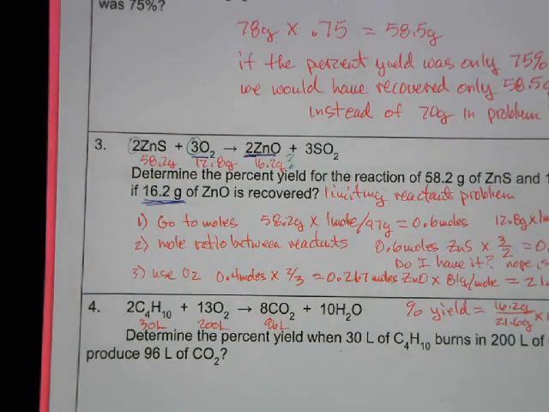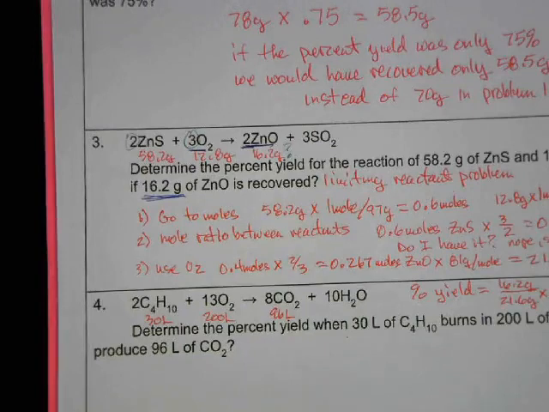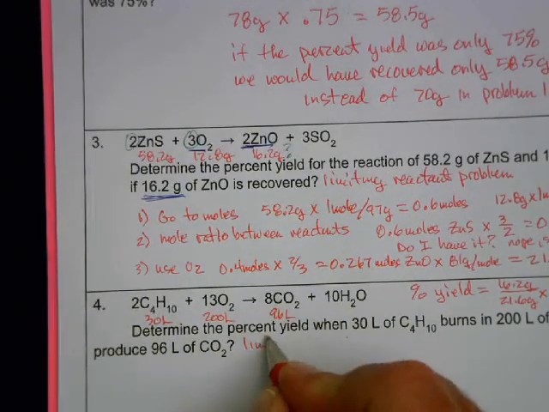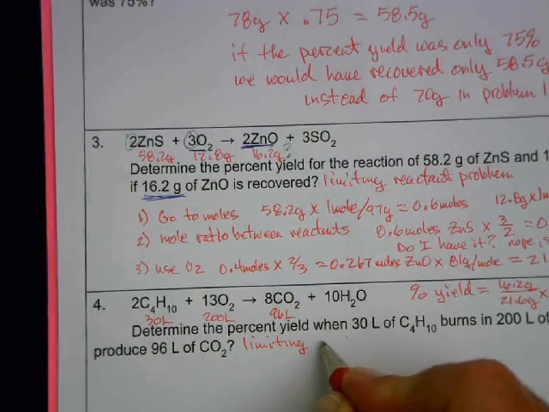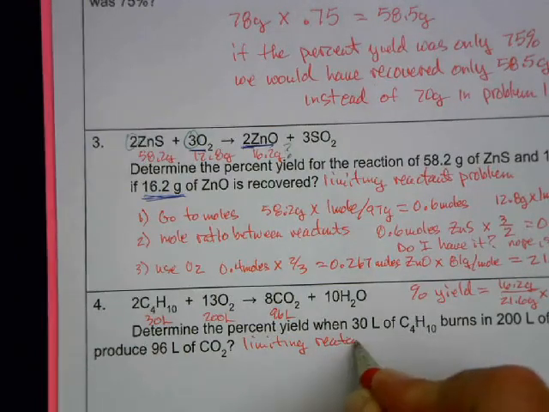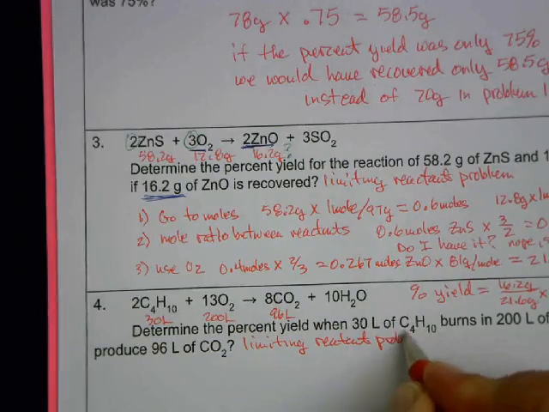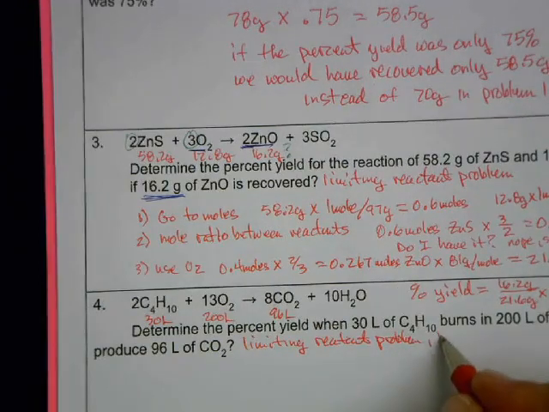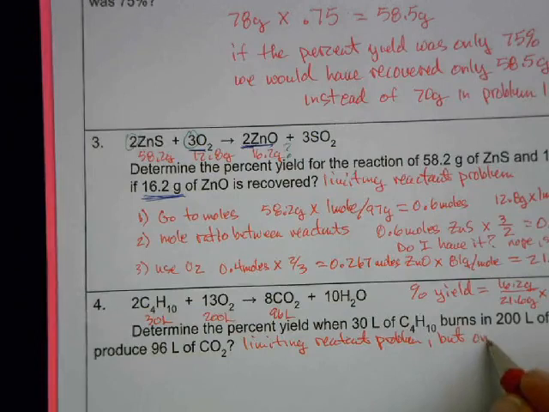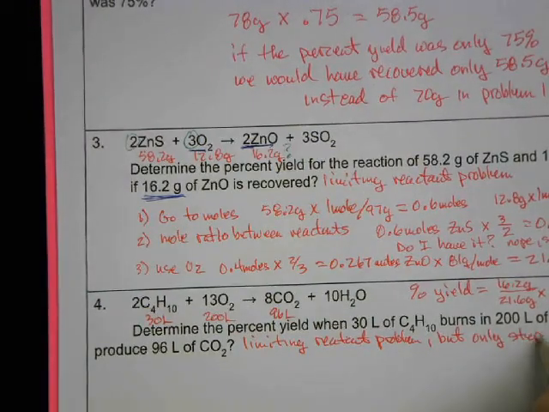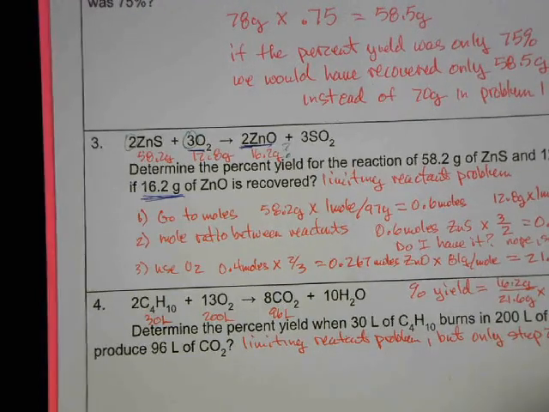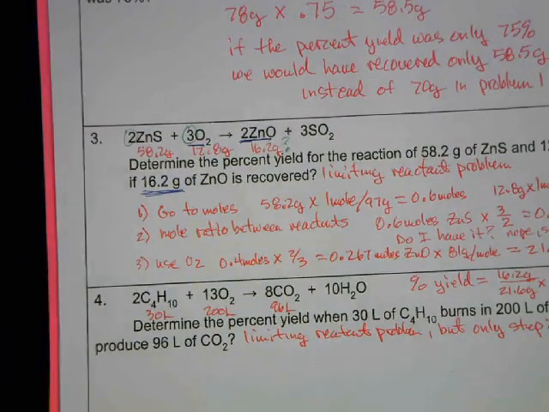Now, this is also a limiting reactant problem, but only step 2 for stoichiometry, because I'm going to go from liters to liters. So I don't need to go to moles and do all of that. So I can just leave everything in liters to compare.